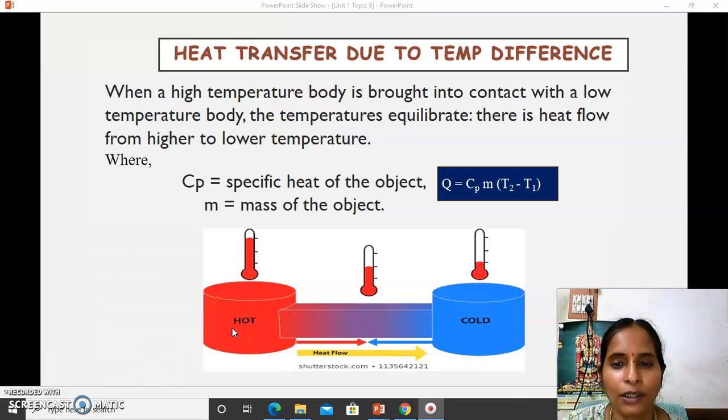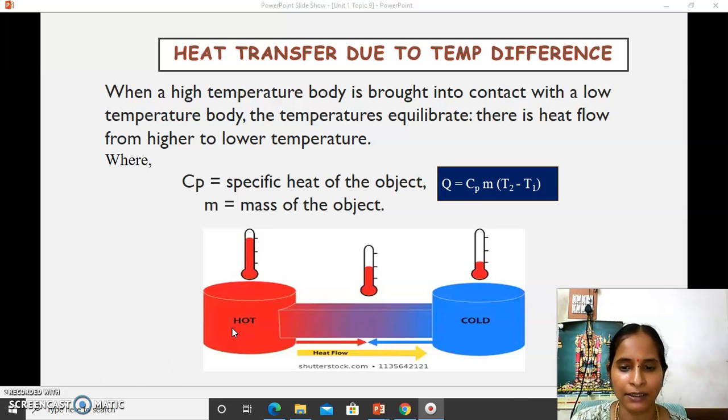Heat transfer due to temperature difference. Okay, as already told, always the heat energy flows from higher temperature to lower temperature, and the opposite or reverse direction of this process could not be achieved without the aid of any external source or external work.